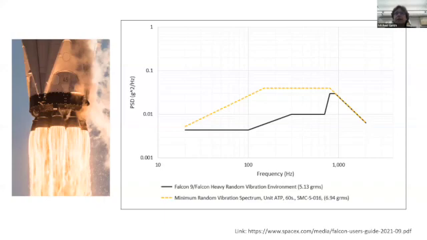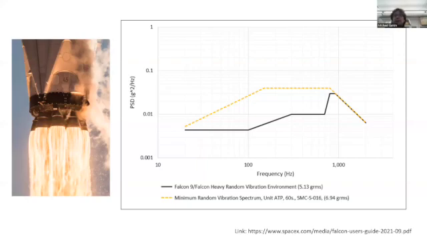The sinusoidal vibration environment defined in the user's guides is not usually really a great representation of the launch environment. During the launch, your payload is vibrating very randomly. But even a random vibration environment can be defined quantitatively and enveloped and characterized and analyzed.